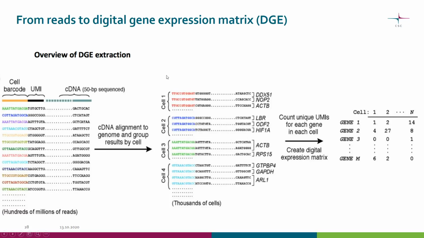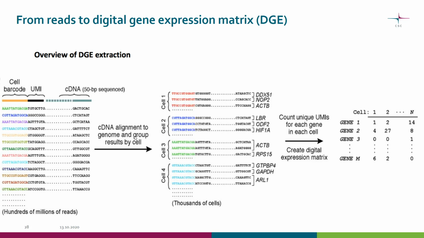When we sequence, we actually do paired-end sequencing, so that read 1 covers the cell barcode and the UMI, and read 2 covers the actual transcript sequence. Then we want to align these reads to the genome so that we can match them to genes and know which transcript they came from.